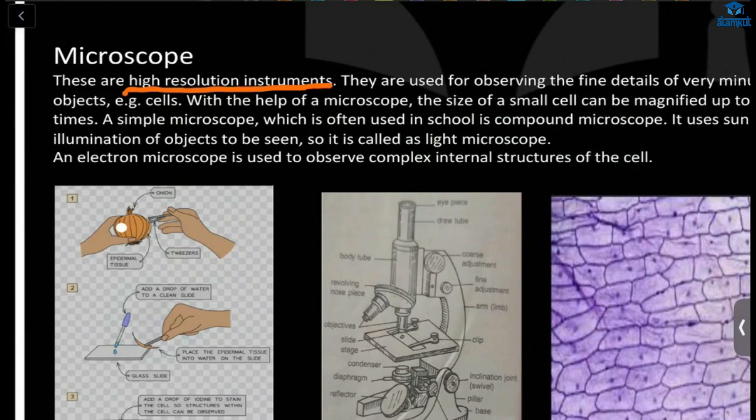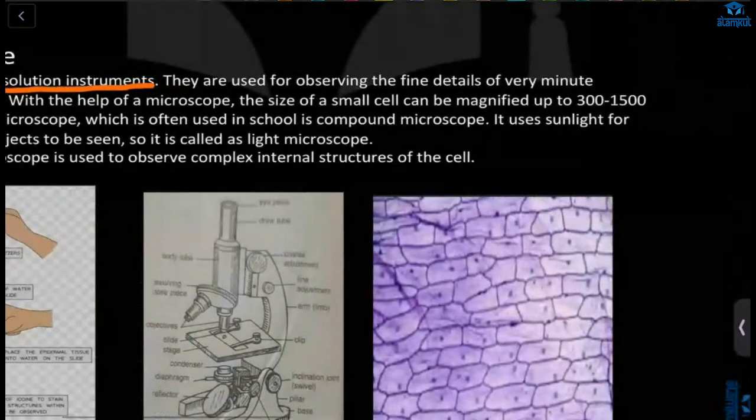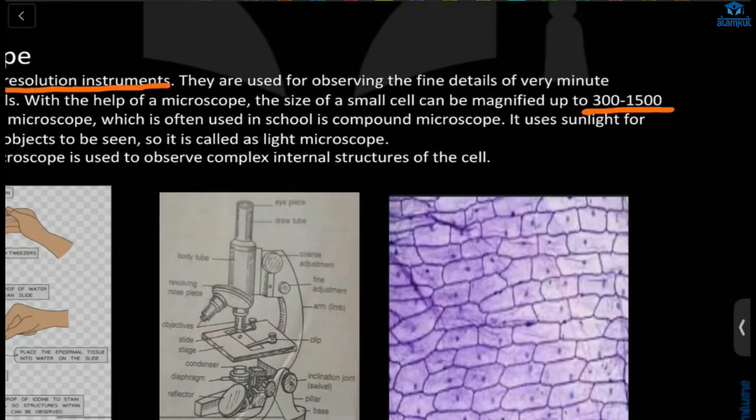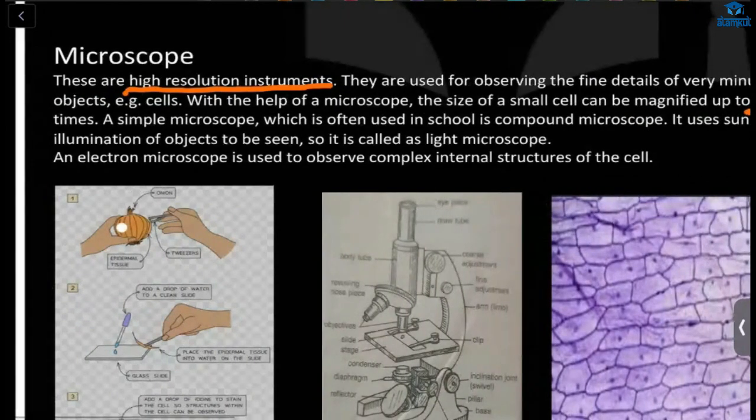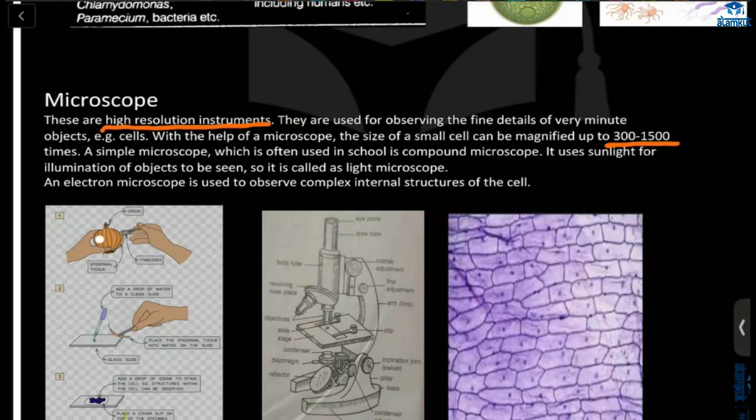It magnifies the size of an object, and through this light microscope we can see the details of cells. Cells can be magnified up to 300 to 1500 times.